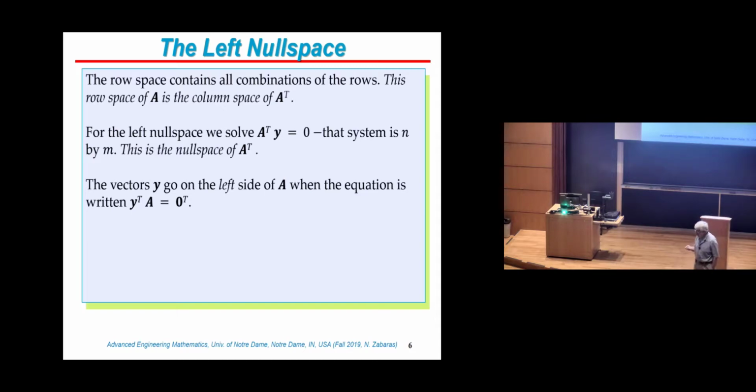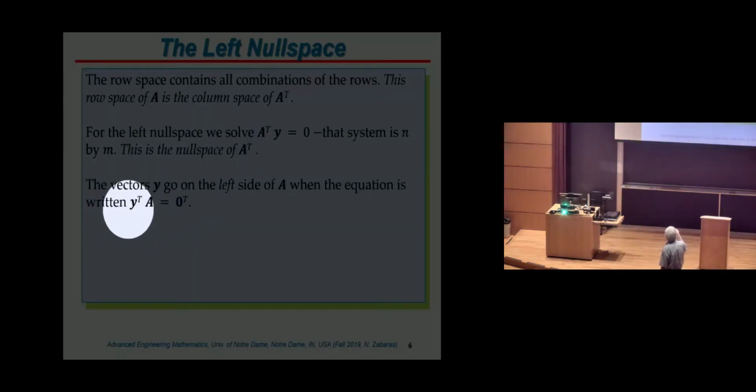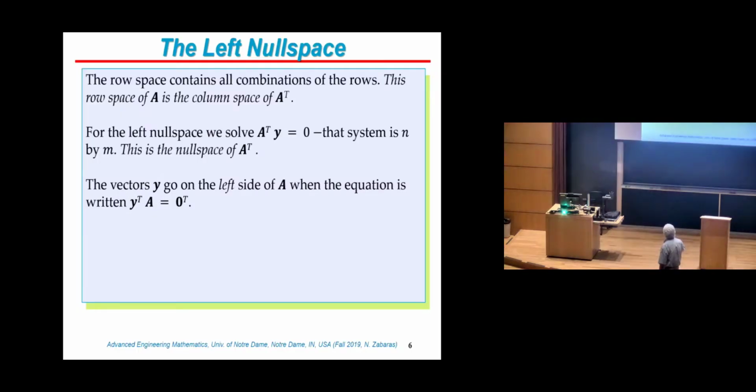Okay? So A transpose y equals 0 is the same as y transpose A equals 0 transpose, really. This is a column vector, this is a row vector. And remind me, when you multiply a matrix from the left with a row vector, what do you get in words?